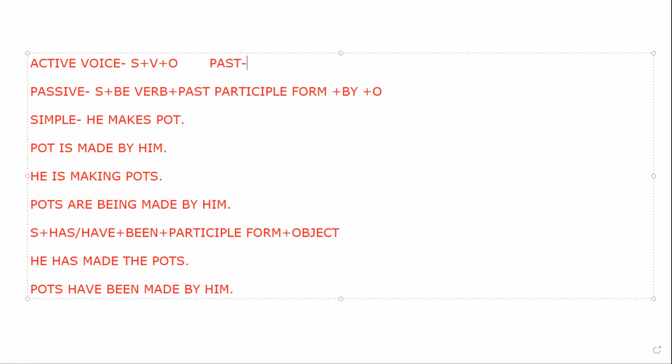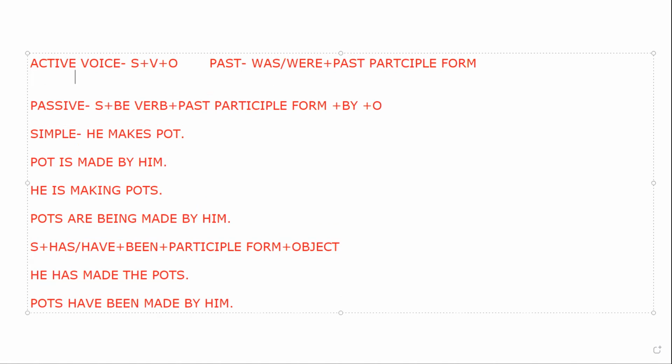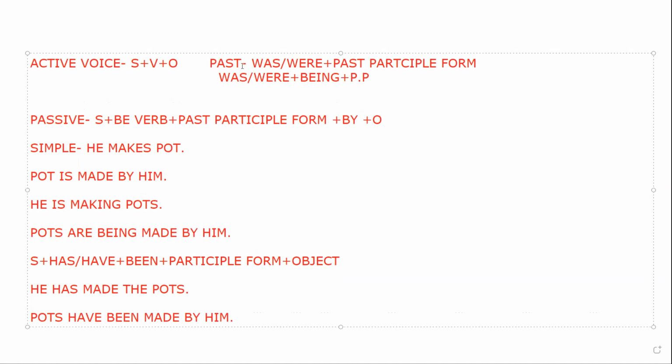Now if it is past tense, you have to put was or were in the place of is and are plus past participle form. Past continuous also same, was or were plus being plus past participle form.